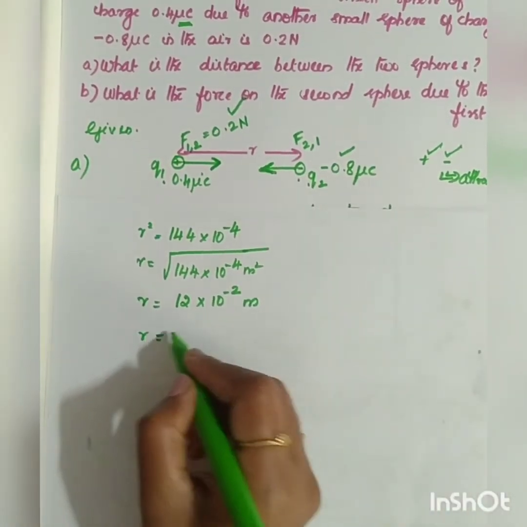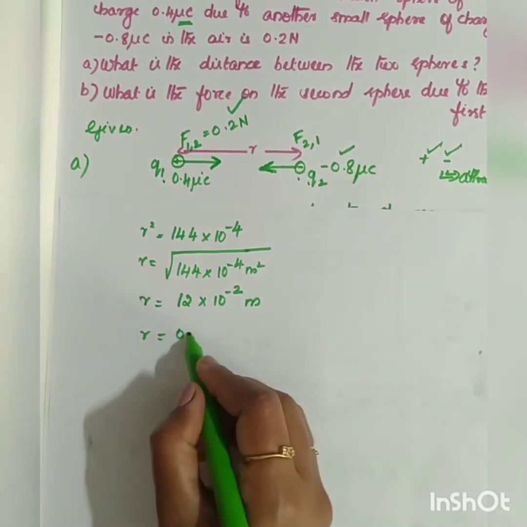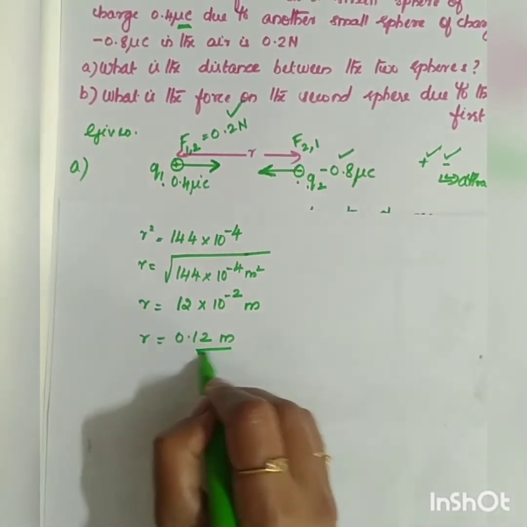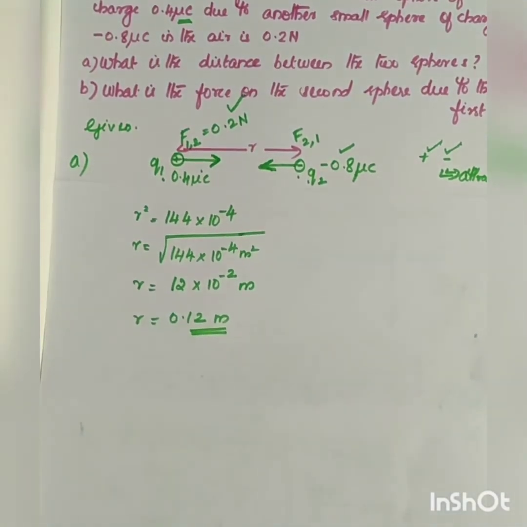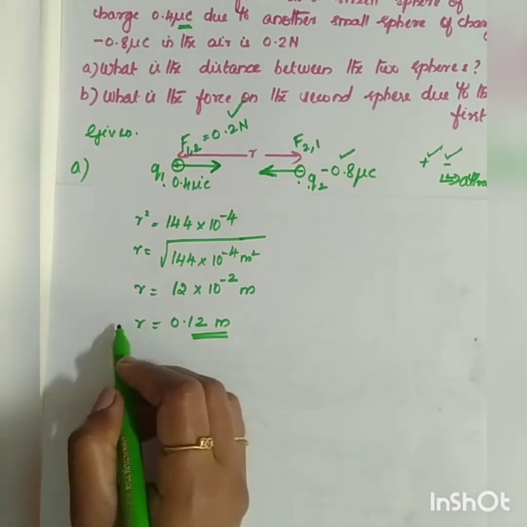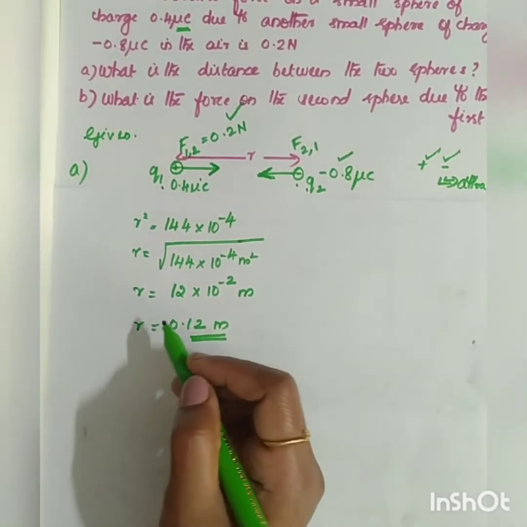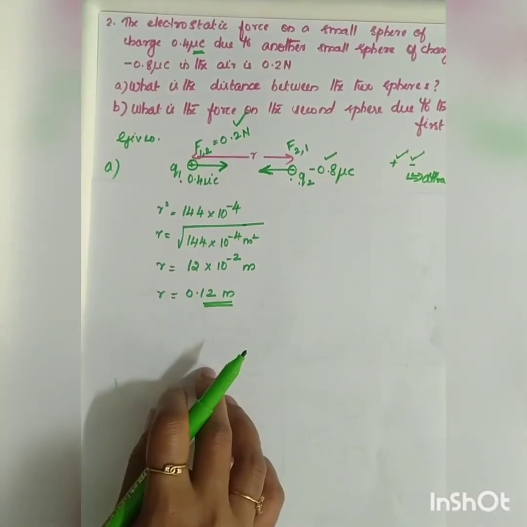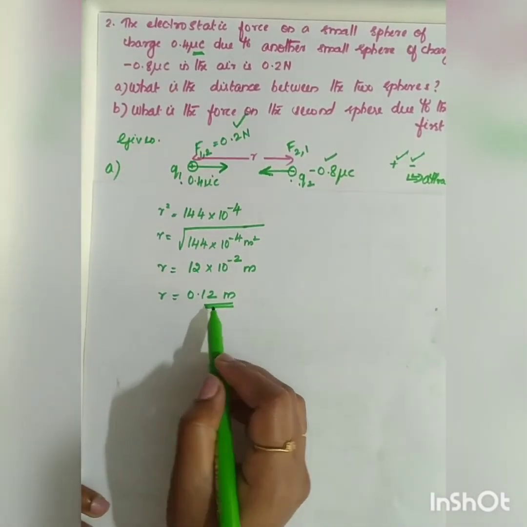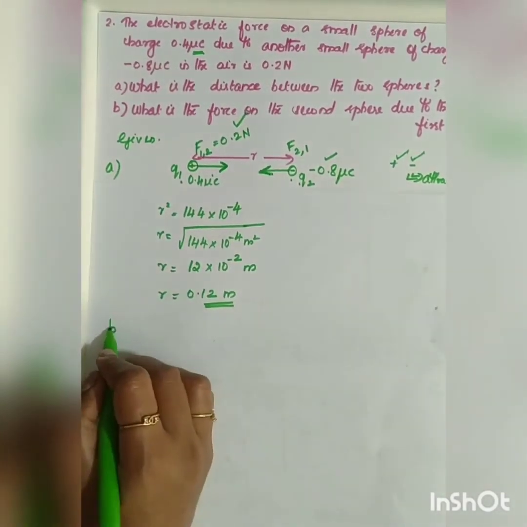So I can again write it as 10 raised to minus 2, so I can write 0.12 meter. Okay, so this is your value of your radius r, distance r. This will be your distance r, that is the distance between two charges, equal to 0.12.